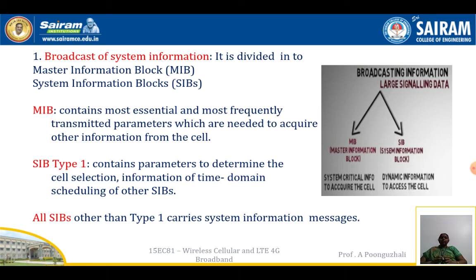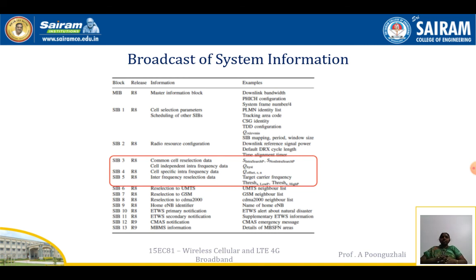The dynamic information is based on the channel quality, so the particular cell can be selected and the scheduling of the other SIBs can be done. All the system information blocks other than type 1 carry system information messages.